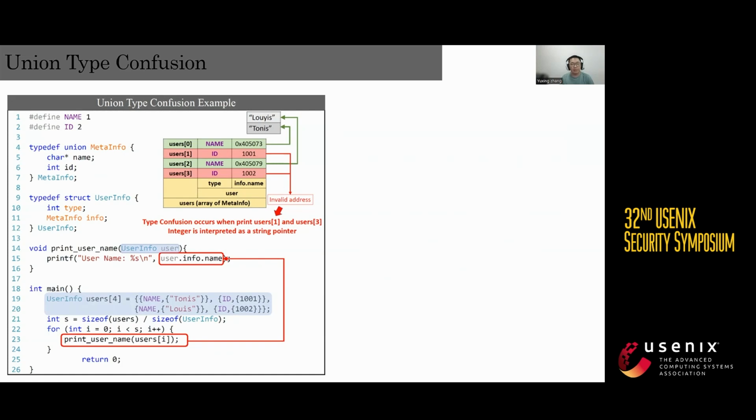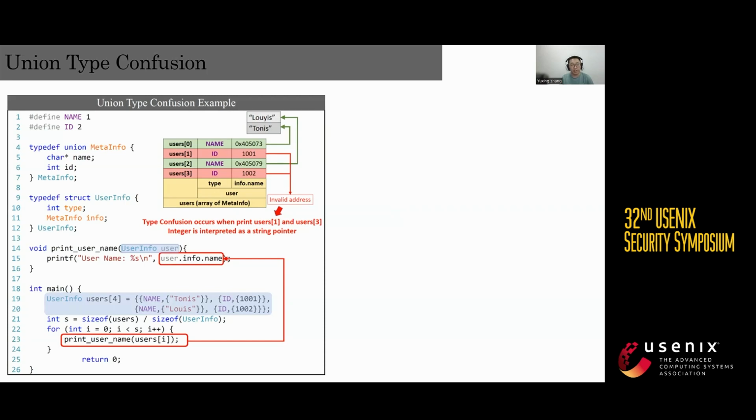Another member, type, characterizes the data type of infer. When it equals 1, it should be a string pointer, for example. And in line 19, users refers to an array of user_infer containing the names and the IDs of the two users.